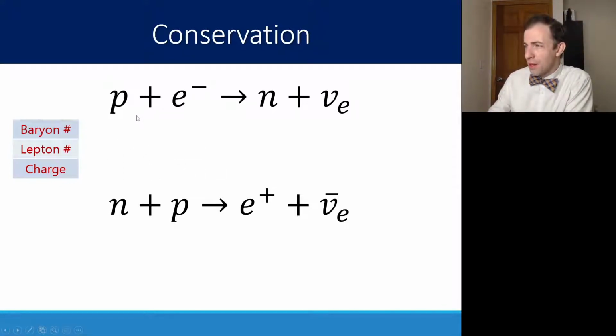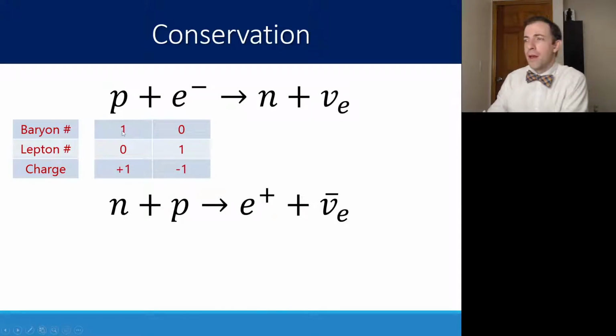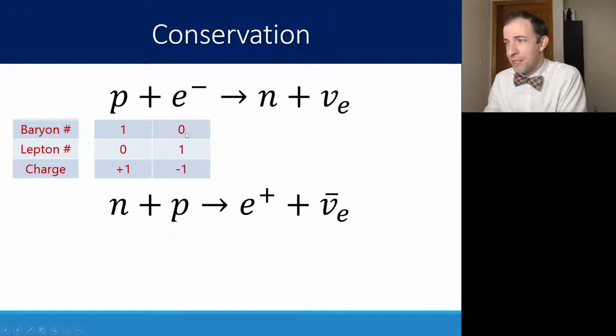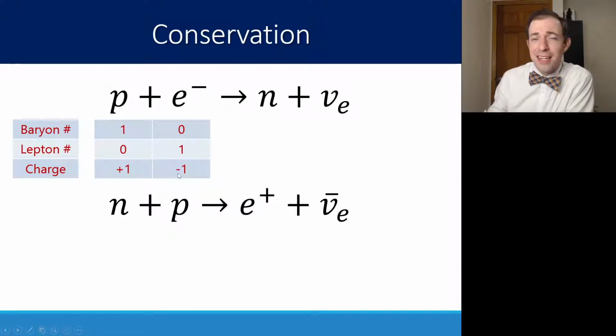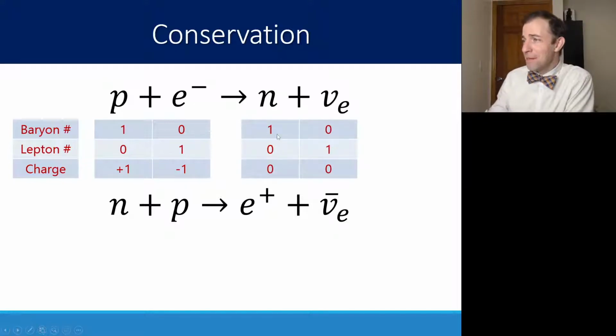If we look at the left side of this interaction, the proton has a baryon number of 1, a lepton number of 0, and a charge of +1. This electron has a baryon number of 0, a lepton number of 1, and a charge of -1. Now the right-hand side: my neutron has a baryon number of 1, a lepton number of 0 because it is not a lepton, and a charge of 0 because it is neutral.